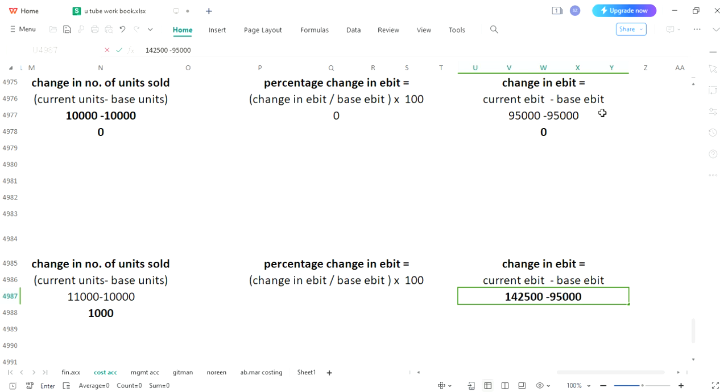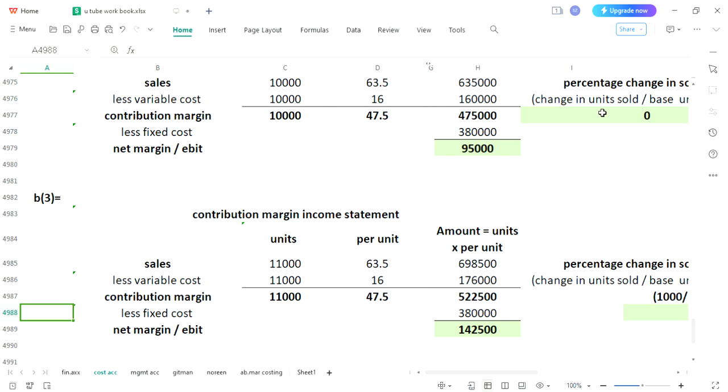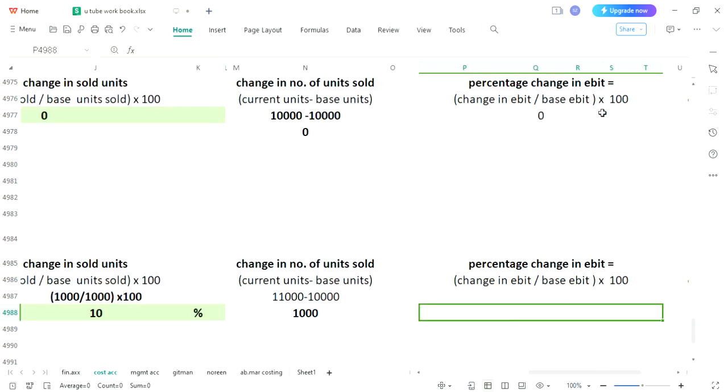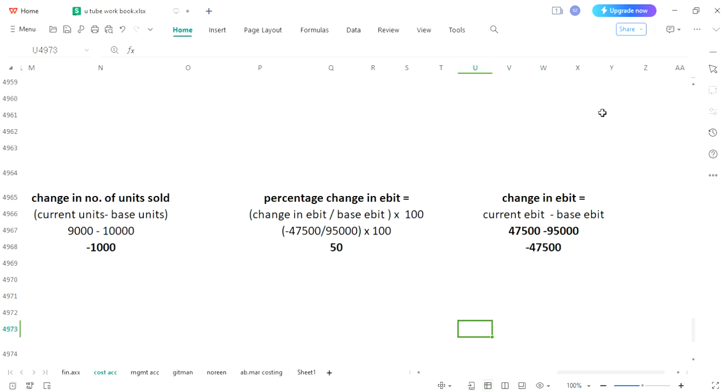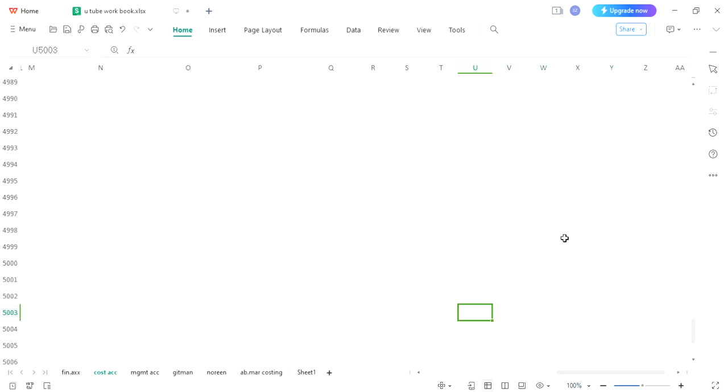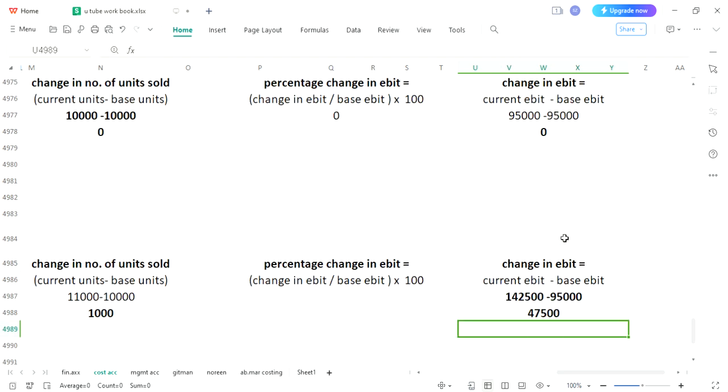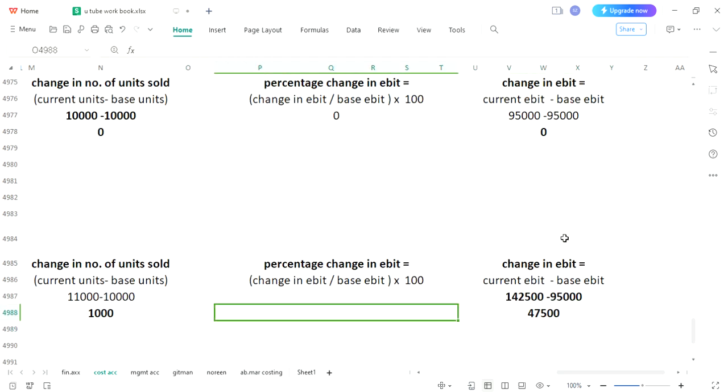In this way, you will be able to calculate your change in EBIT. 142,500. I was just confirming it. Okay. Statement is completed. It's time to calculate our amount of change in EBIT, and this is 47,500, but it is positive. In first part 47,500 was negative, and in C part we have got 47,500 but in positive sense.